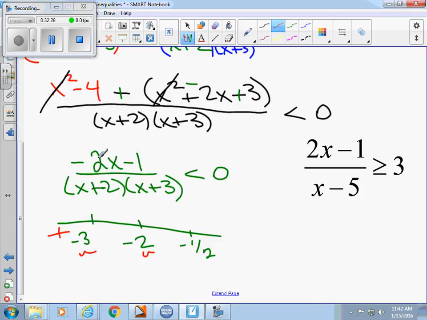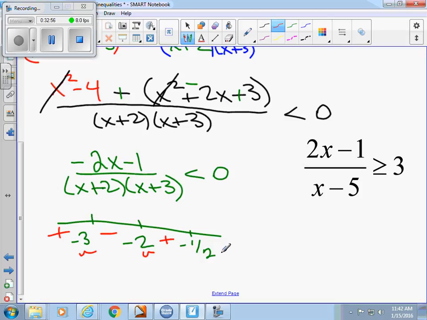On the top, I get a positive. On the bottom, I get a negative, which gives me negative. Negative 1 is in between negative 2 and negative 1/2. If I plug in negative 1, I get a positive on top and a positive on the bottom.